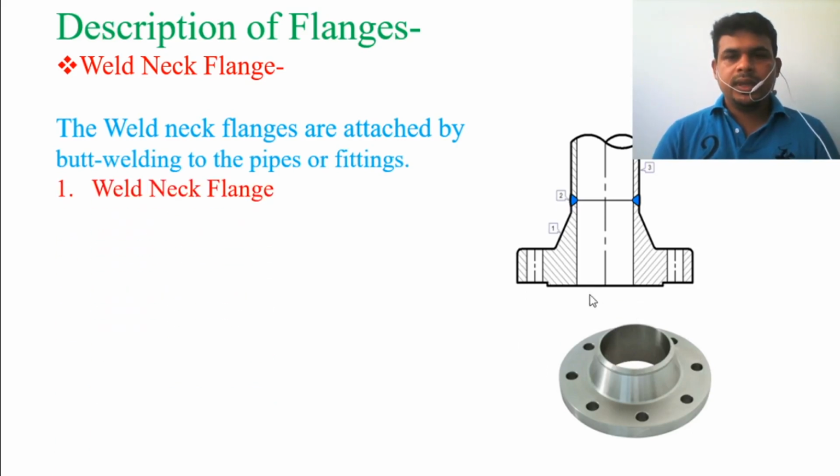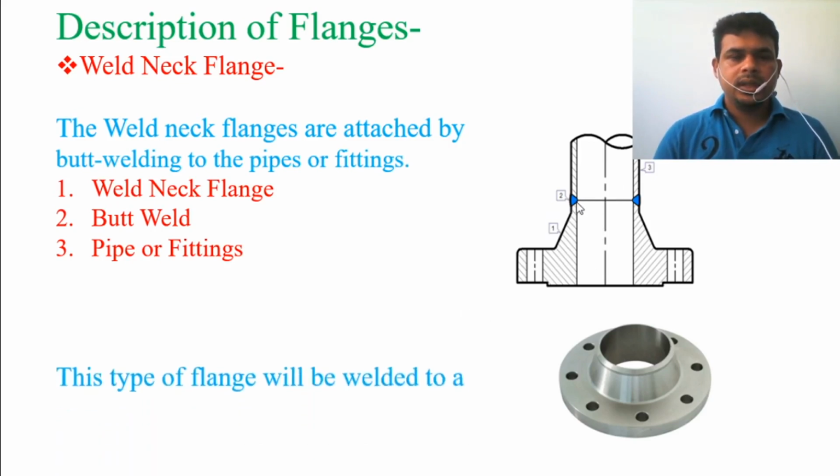Number 2 is the joint type, which is a butt joint. Number 3 is the pipe, which can be fittings also. So you can connect pipe to fittings, pipe to flange, or flange to fittings by butt welding.